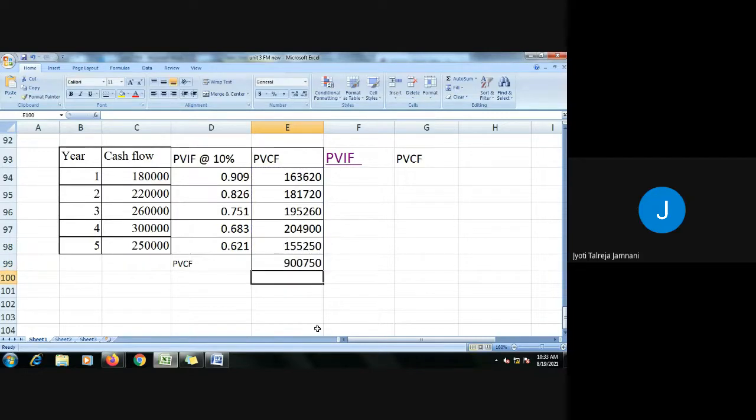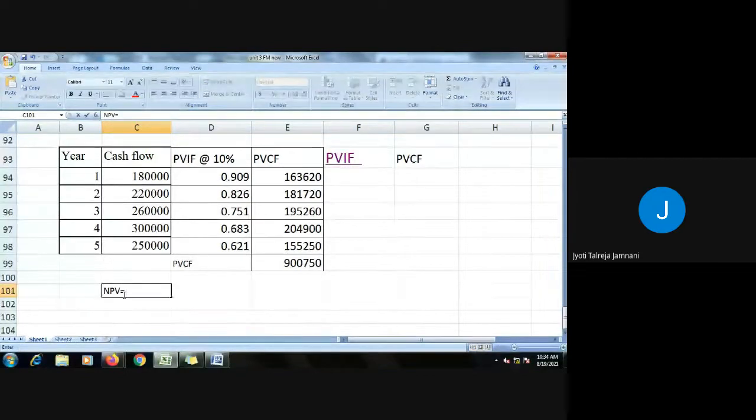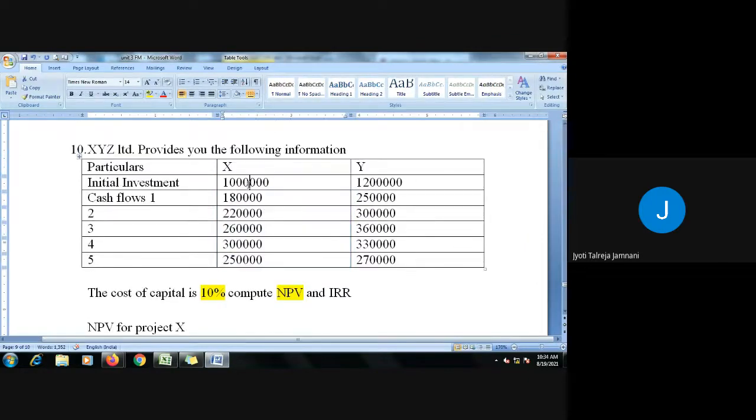Okay, so we get a present value of cash flows as 9,750,000. Now we can find the NPV here. NPV is equal to the present value of cash flows, which is 9,750,000, minus the initial investment. Let's look at the initial investment for project X. It is 10 lakh rupees.